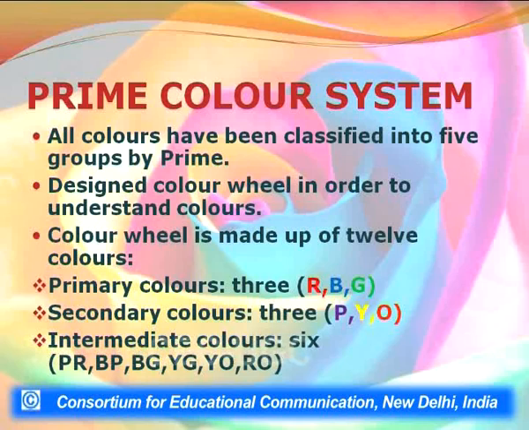You will find these colors in the color wheel. So secondary colors are 3, intermediate colors are 6. We mix 1 primary and 1 secondary color, and these 2 colors together give intermediate colors.